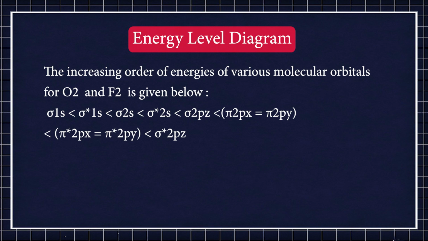The increasing order of energies of various molecular orbitals for oxygen and fluorine is given, which you can see: σ1s, then σ*1s, σ2s, σ*2s, σ2pz, and π2px, which is equivalent to π2py, and it is lower than π*2px, equivalent to π*2py, and it is of course lower than σ*2pz.